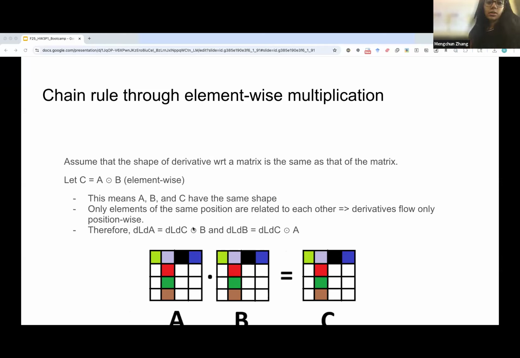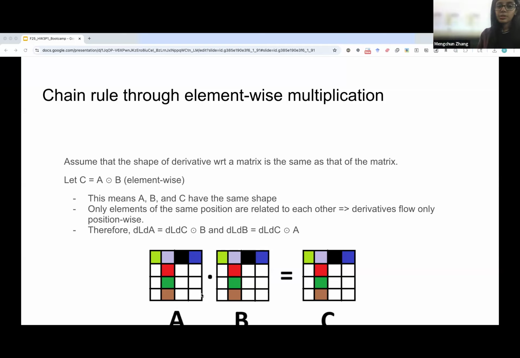Here's just some intuition on how to approach the chain rule through element-wise multiplication. This is a simple example: let's see the element-wise multiplication of A and B. This means that A, B, and C will have the same shape.